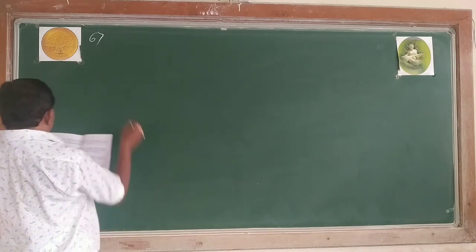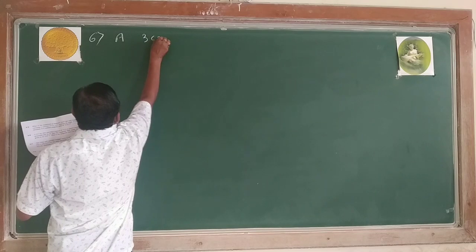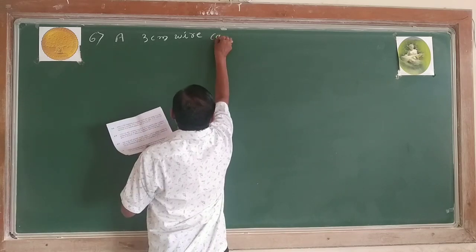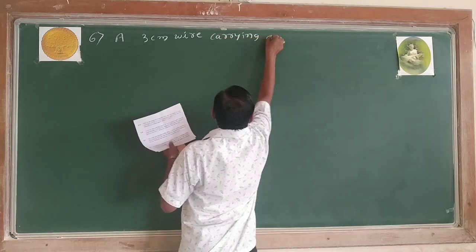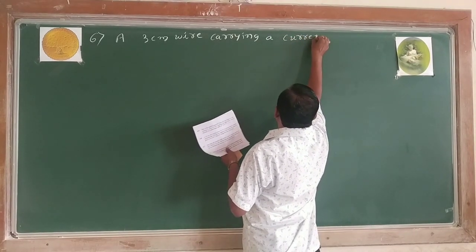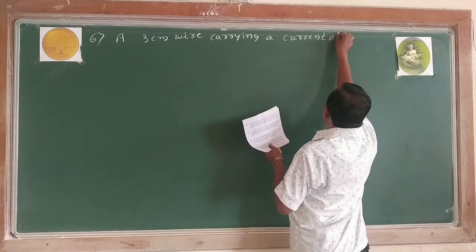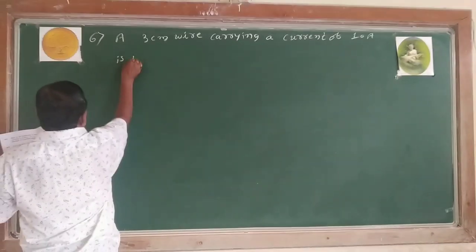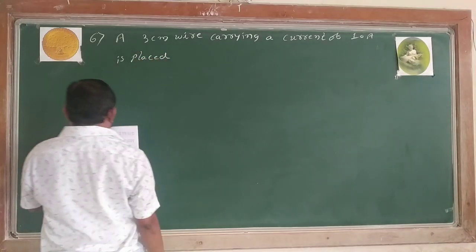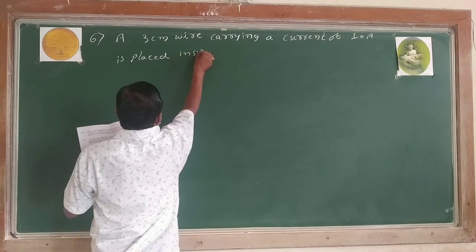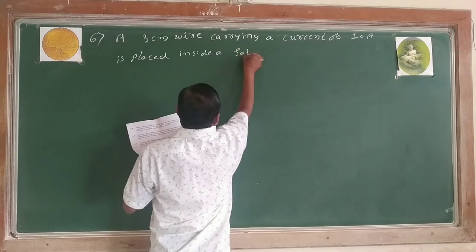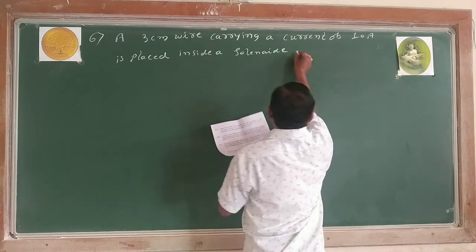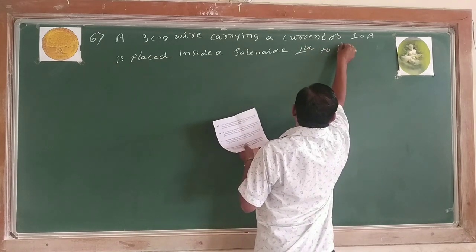A 3 centimeter wire carrying a current of 10 amperes is placed inside a solenoid perpendicular to its axis.